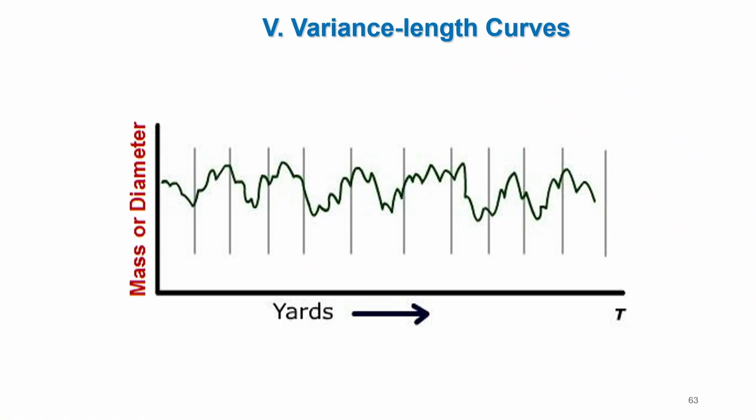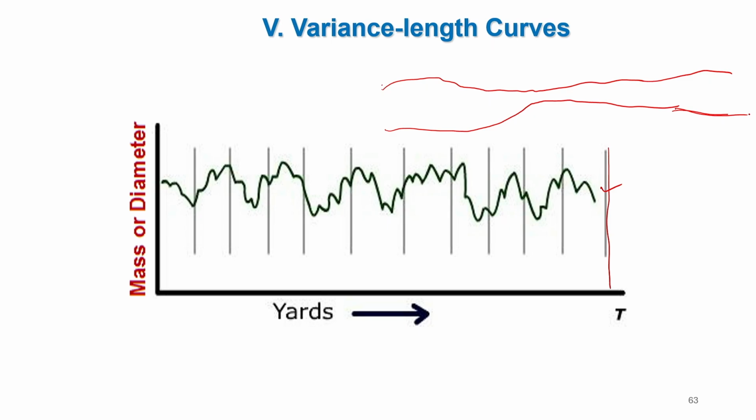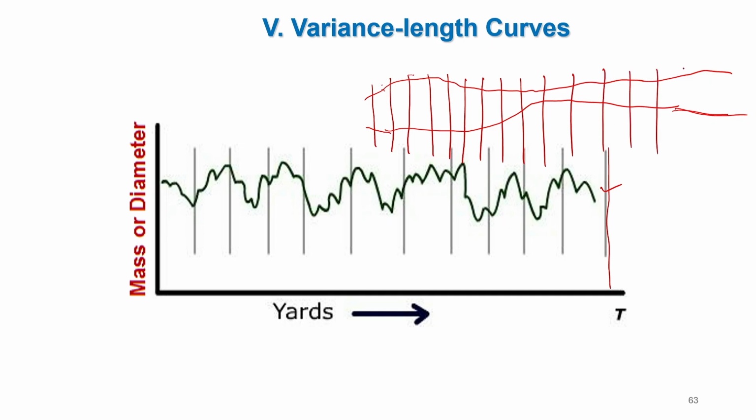Now, suppose this is the yarn or any fibrous strand, sliver. Here the total length of the yarn is shown, and this is the mass or diameter variation. Now, if we cut this strand, say sliver, into different pieces of a certain length, this is the cut length.